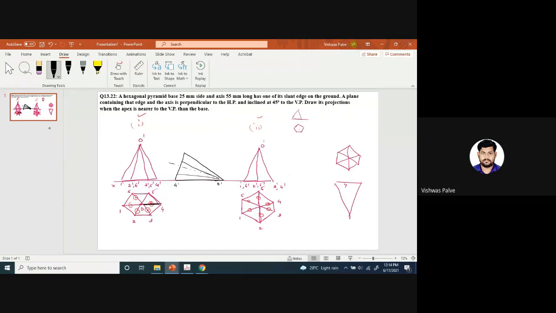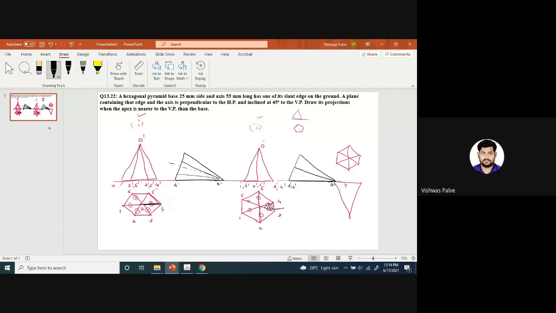Now in this problem, suppose I tilt this, what will happen? See, if I draw this line, this is my 3 dash, 4 dash, and this is my O dash. If I tilt this, can anyone guess what is happening now? The plane will be resting on the ground in this case, on this side.